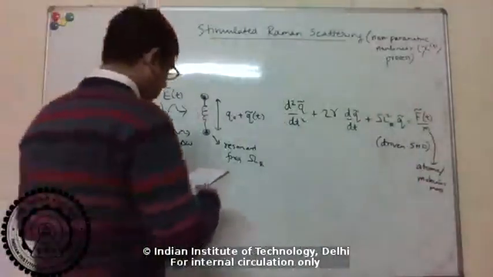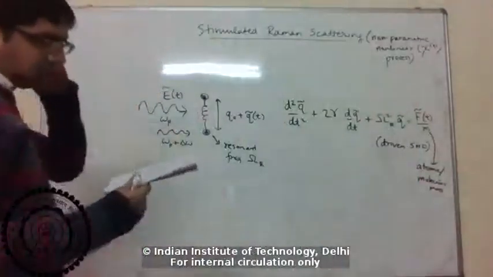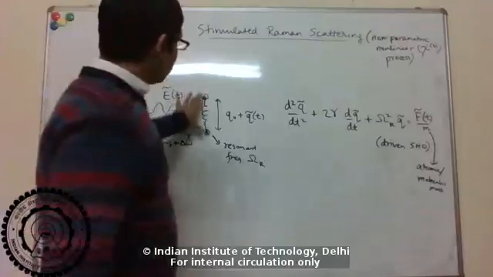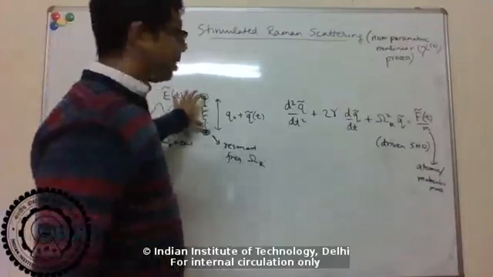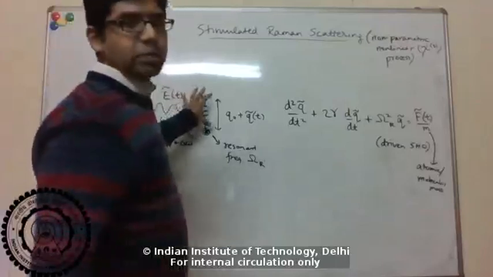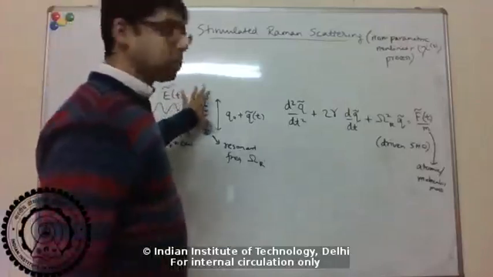Basically, due to the movement of this atom, the bond will get distorted, and that will cause a dipole moment to be induced.